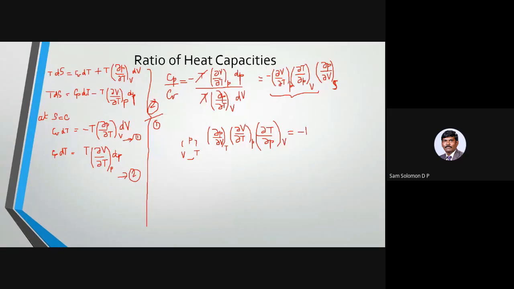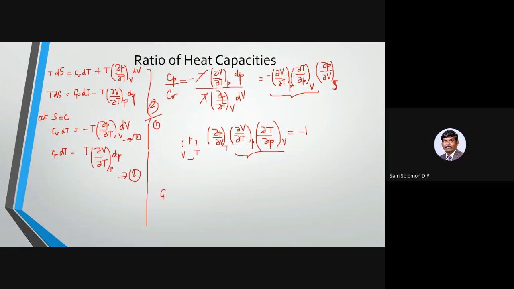Okay. What we already have here is partial T at constant P and partial P at constant V. So these two terms we already have. So if we retain them on one side, so if we take this to the other hand, we'll have minus of partial P at constant T, and there is a minus sign already. So let's see what we get.